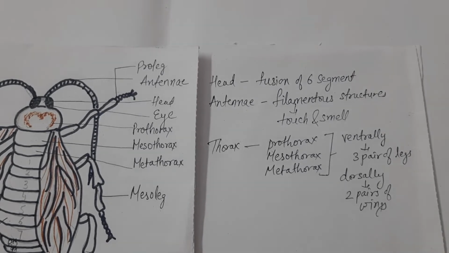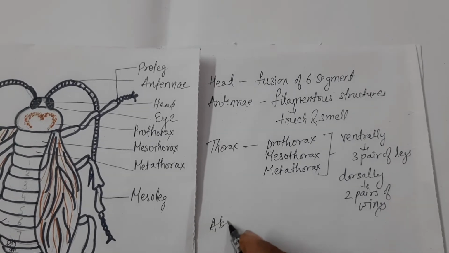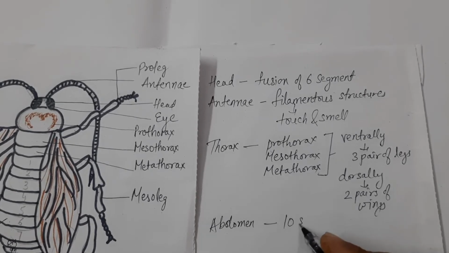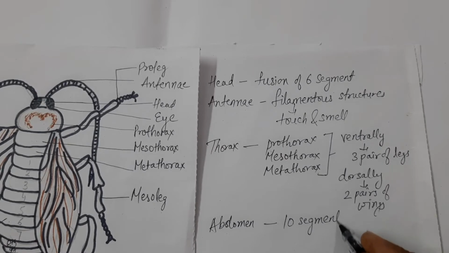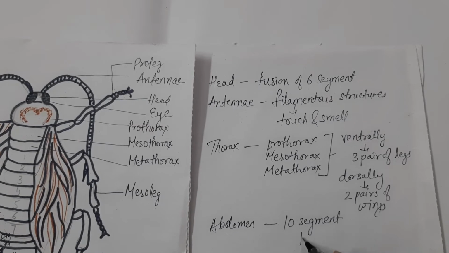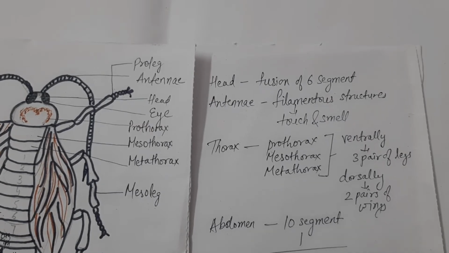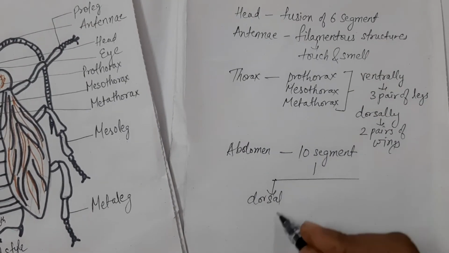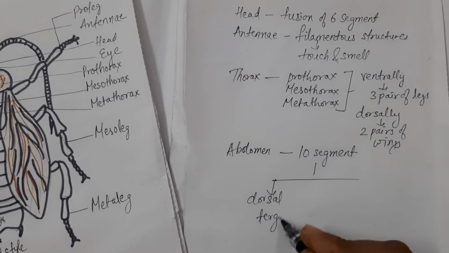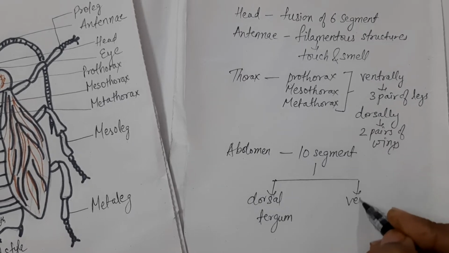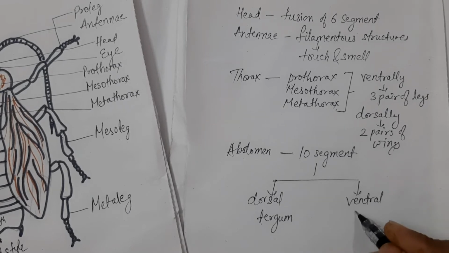Then next is about the abdomen. Abdomen is divided into 10 segments. Each segment has a dorsal tergum and a ventral sternum.